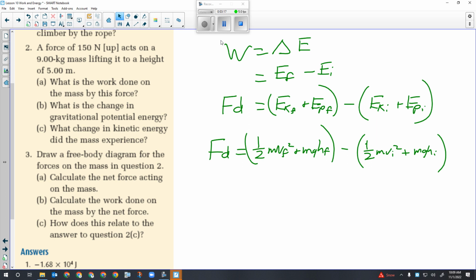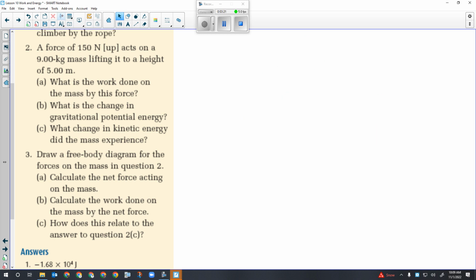Okay. All right, so yesterday we finished off and we were looking at 2 and 3. What we had was basically an elevator question. This mass was being lifted. They told us that it was 9 kilograms and that there was an upward force of 150 newtons acting on it over a height of 5 meters.